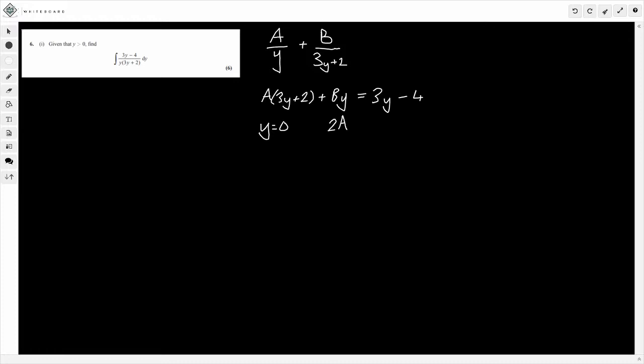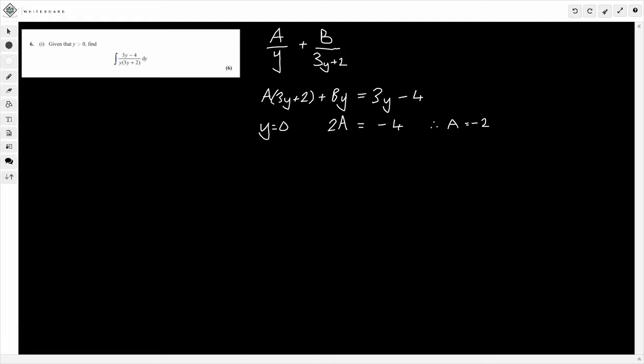And then don't forget your right hand side of the equation, 3 times 0 is 0, minus 4, so 2A is equal to minus 4, making A therefore equal to minus 2. So that's my A value.